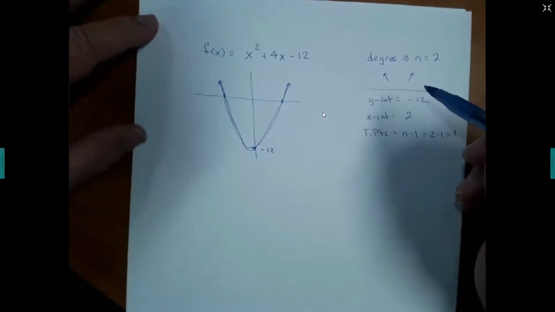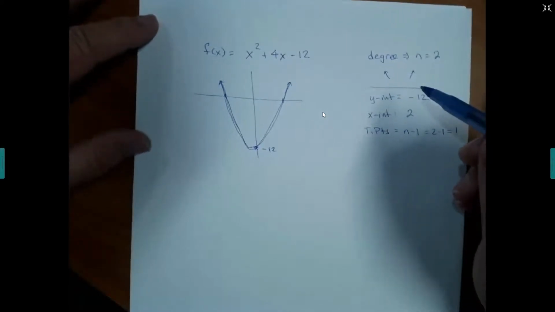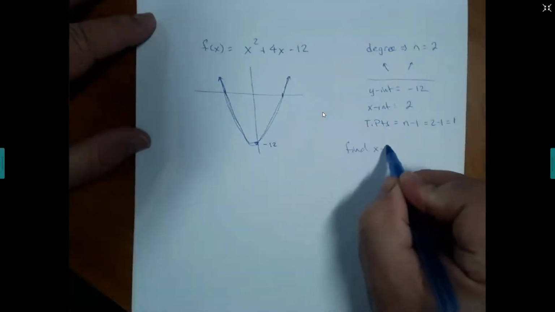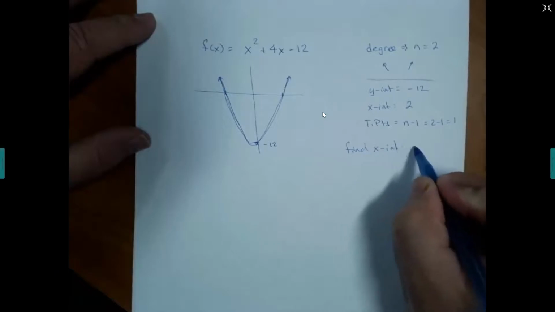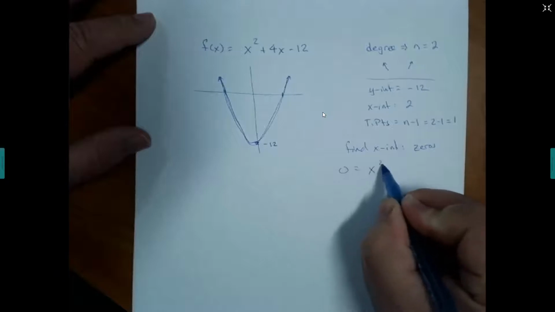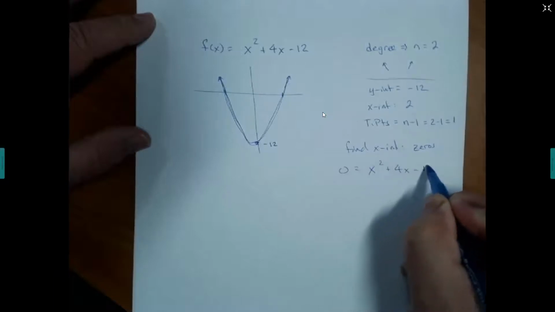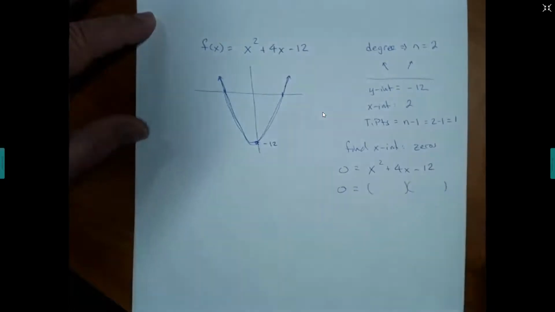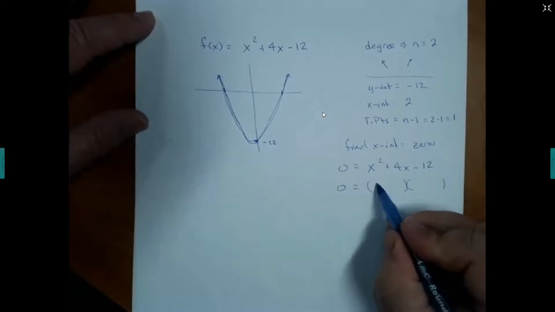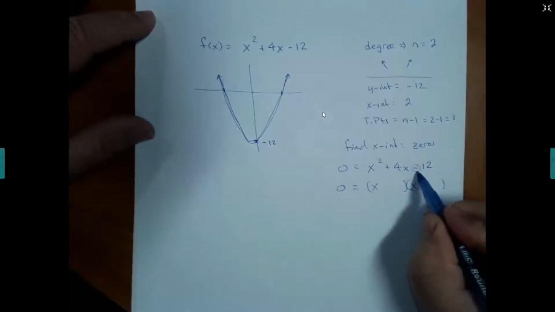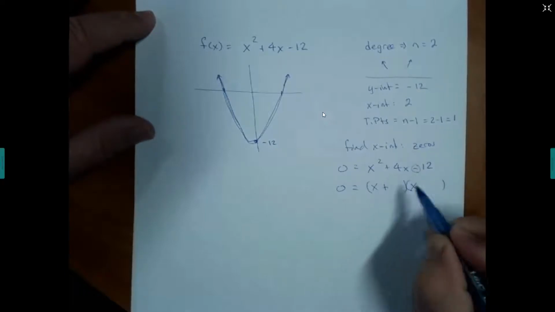So what exactly are our x-intercepts? So we set it equal to 0. In the first part, we have x and x. What about the number? What are the signs? Yeah, because it's negative, the second sign is negative. That means opposite signs. One's positive, one's negative.